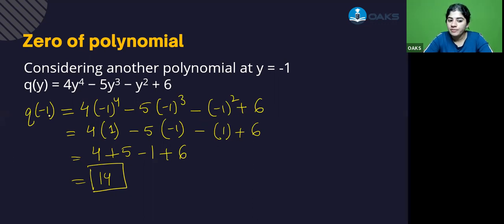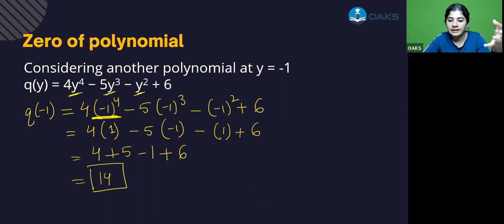Now, q of -1, we just need to put y is equal to -1 in each and every term. So that's why we get 4 minus 1 raised to power 4 and so on. You should be good in this, because when we have some confusion in the answer, mostly that is the confusion of minus sign.